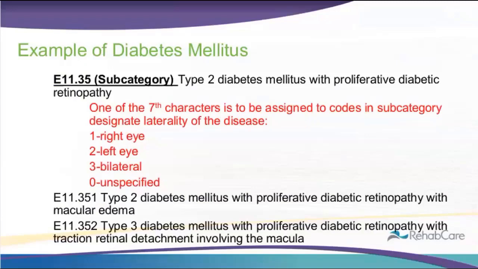So it gives you 1 is the right eye, 2 is left, 3 is bilateral, 0 is unspecified. So that's what one looks like under the subcategory. I wanted you to see what that note looks like. But then you can get into other type 2 diabetes mellitus with retinopathy with macular edema. And then you can get into one that has a detachment involving the macula. So that's how detailed it is. Diabetes is multiple pages in the book.